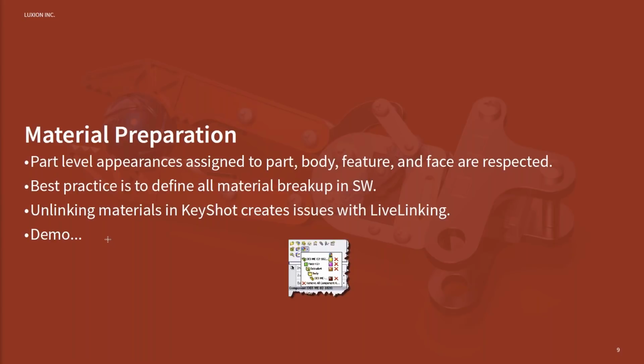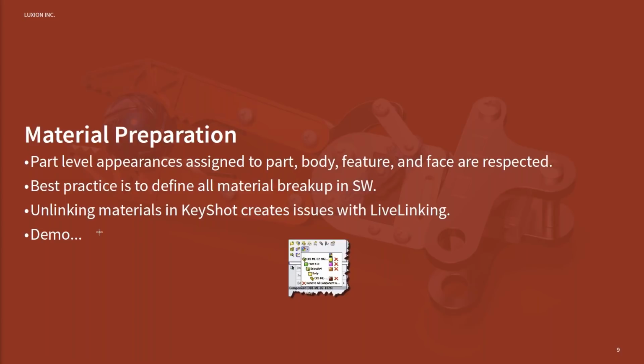I would guess the likelihood is that they were unlinking materials inside of KeyShot, and that confuses things. So the best practice is to define that material breakup in SOLIDWORKS, no unlinking inside of KeyShot. Now, linking materials is perfectly fine, but avoid unlinking materials at all costs inside of KeyShot if you want to maintain that live linking functionality.